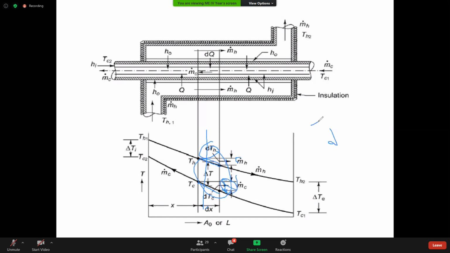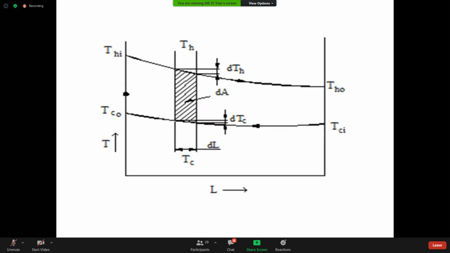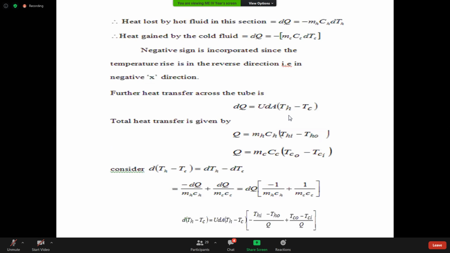The only difference what you have to do here is draw this diagram like this. This is the diagram, and the only difference from the previous parallel flow case is that dq is equal to minus mh ch dTh. In the previous case counter flow is positive, but here this is also negative, dq is also negative. So here this becomes positive.